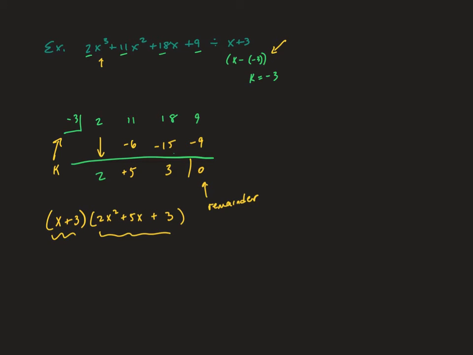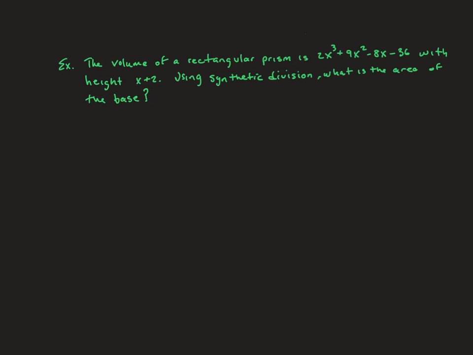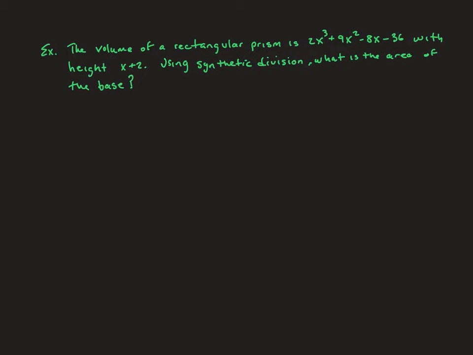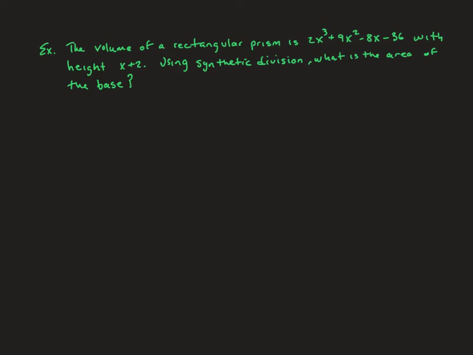And we'll do another example. As we look here, it says that the volume of a rectangular prism is this. So it looks like I have 2x cubed plus 9x squared minus 8x minus 36 is going to be the volume. And we know that volume is going to be length times width times height.